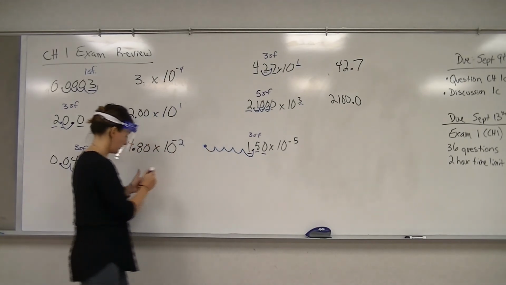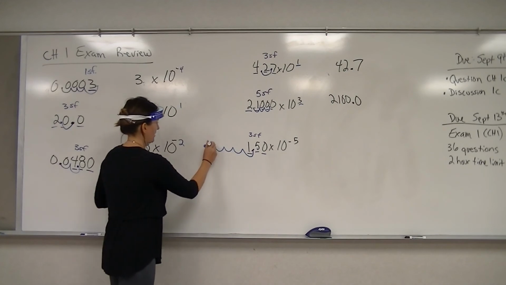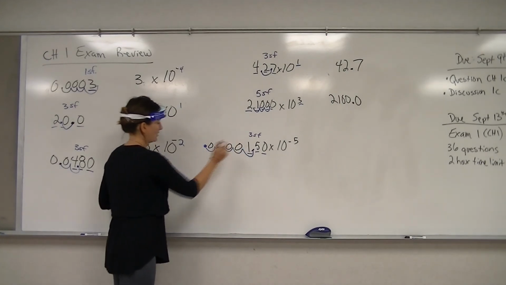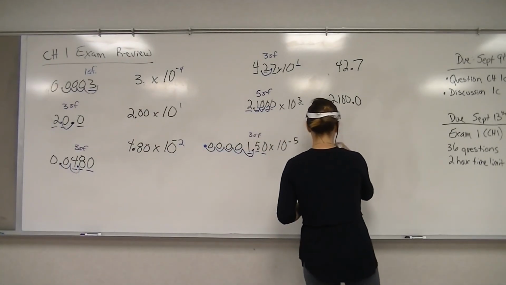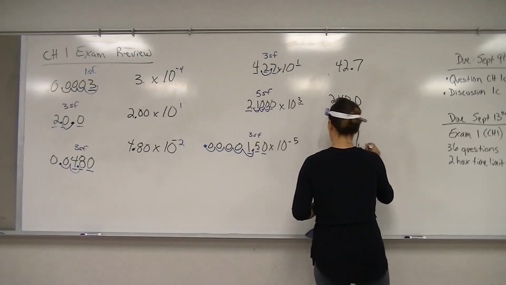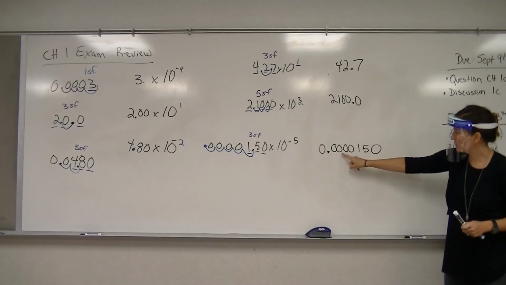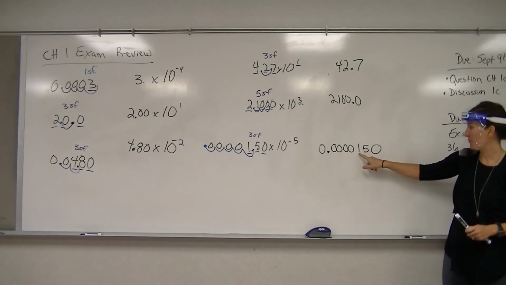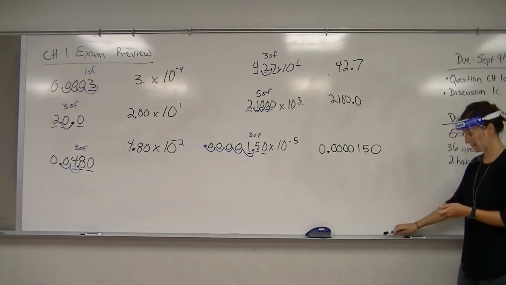Here's my new decimal point, and what's going to go in these empty spaces are zeros. So I have 1, 2, 3, 4 zeros that I'm going to add in. When I write this in normal notation, I have those 4 zeros that I had to add in, and I kept the 1, the 5, and that 0 so that there are 3 sig figs.